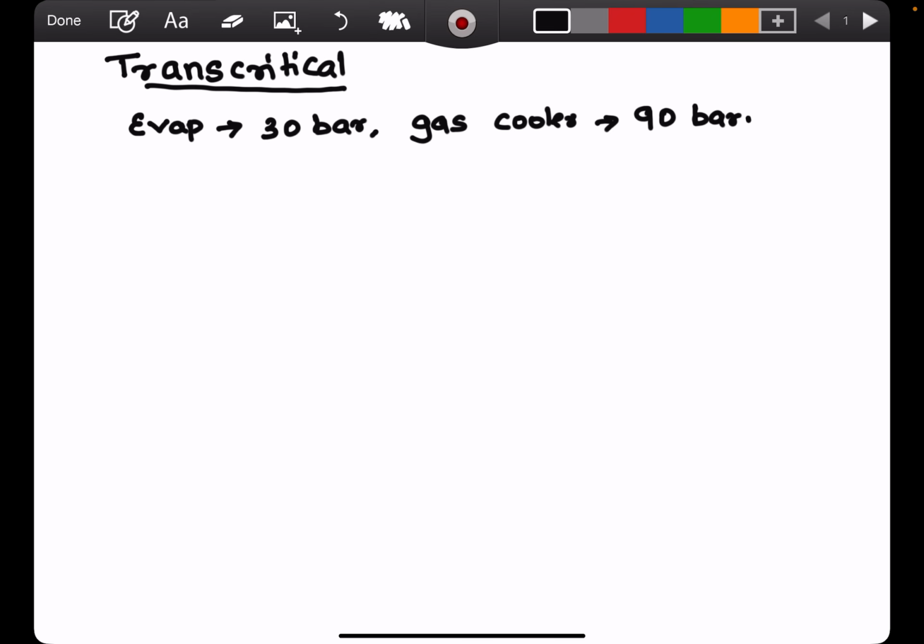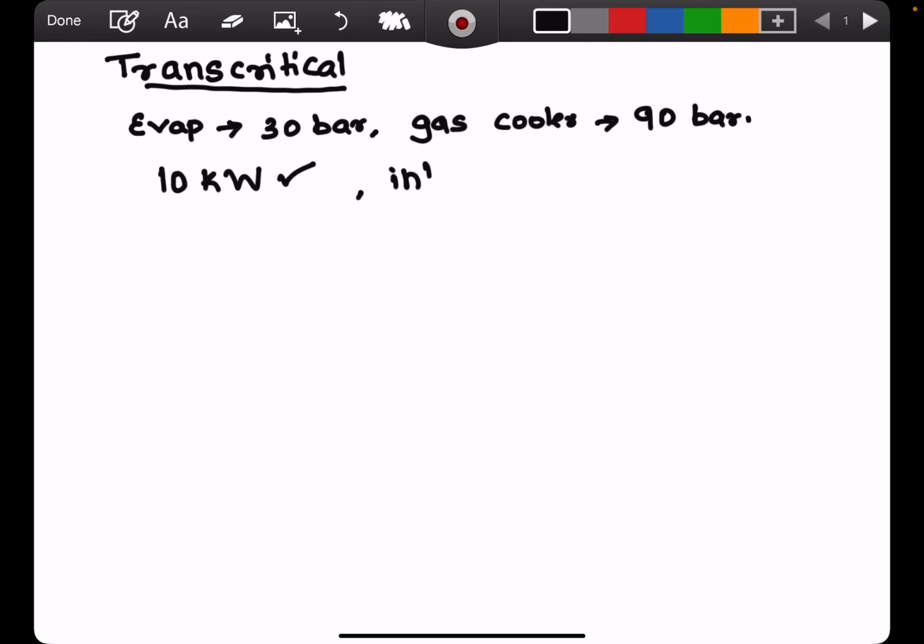You're also given that this system has a refrigeration capacity of say 10 kilowatts. It means that this system is going to give you the cooling effect or refrigeration effect of 10 kilowatt at the evaporator. The temperature at the inlet of the expansion device is given as 35 degrees centigrade.